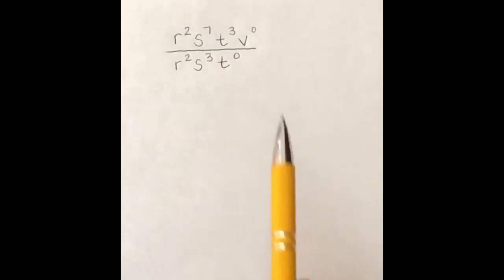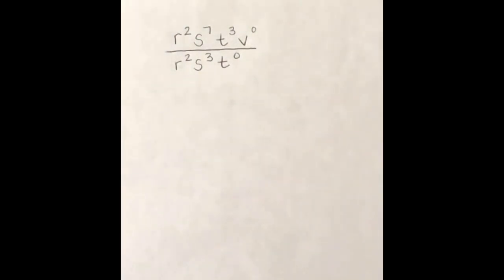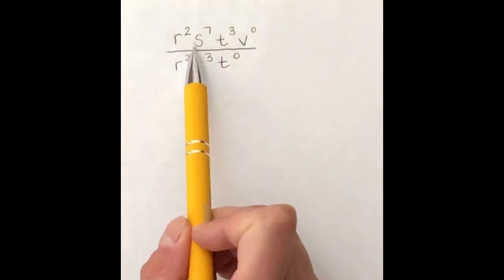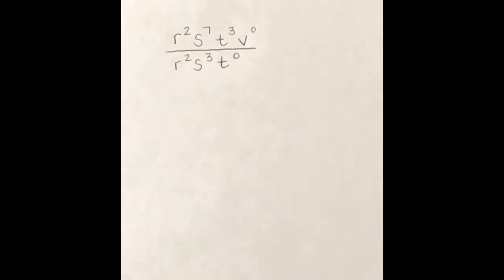Because I'm multiplying, I'm going to make sure that my bases are the same before I add any of my exponents. We run into a problem because none of these bases are the same, so I cannot apply the product property in the numerator. I'm going to ask myself the same question in the denominator. Are any of these bases the same? Nope. So I can't add any of the exponents together.